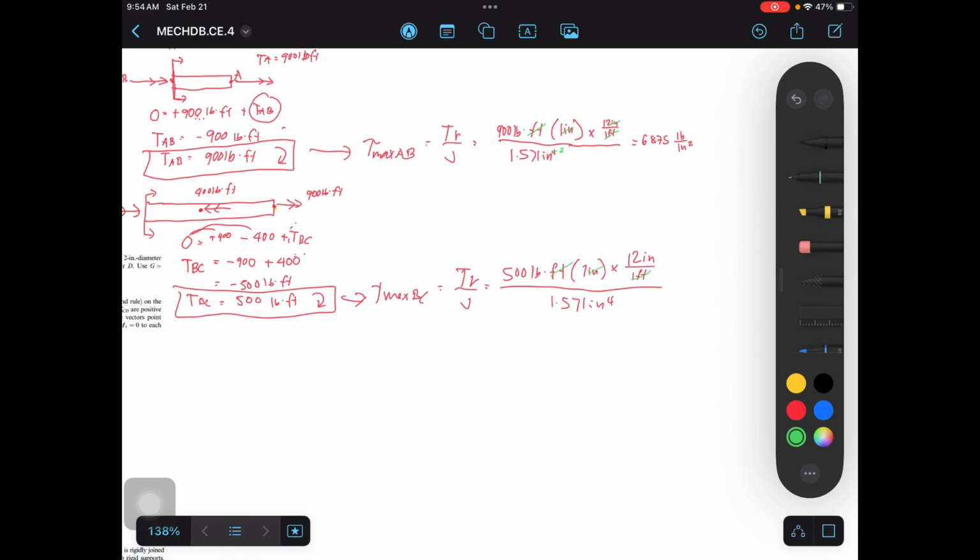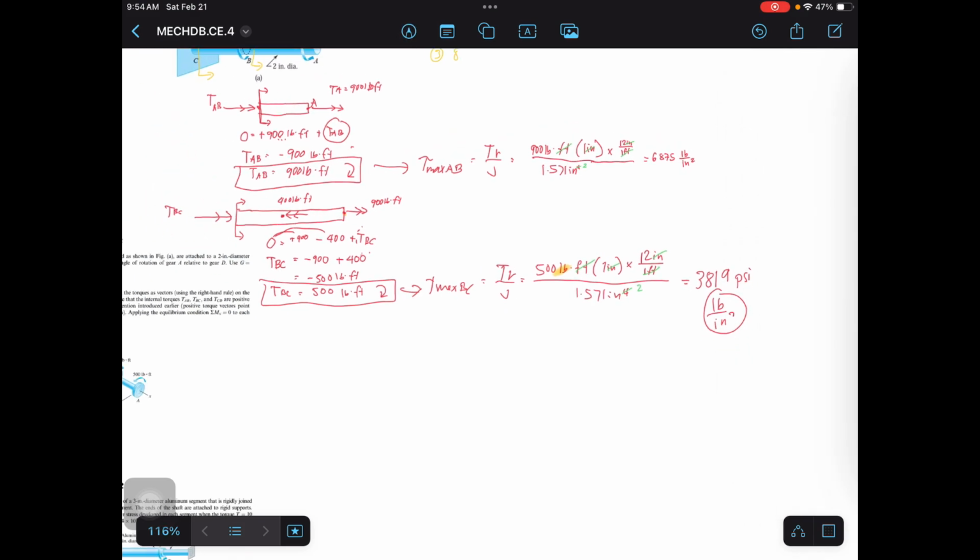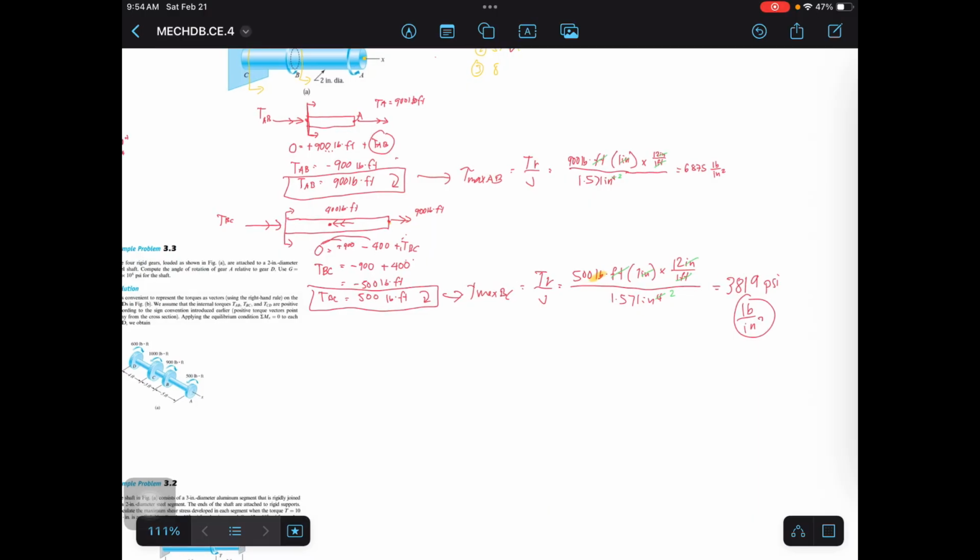This cancels because there's an inch to the 4th there, so it becomes inch squared. The remaining unit is pounds per inch squared, so that's PSI. This is equal to 500 times 12 divided by 1.571, which is 3819 PSI. PSI is also pounds per inch squared, right? So, these are our stresses.